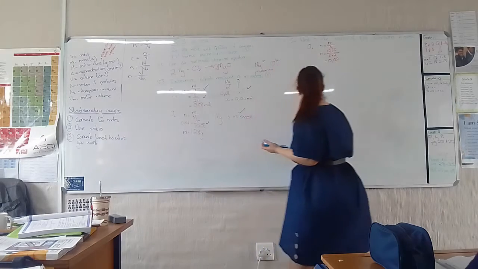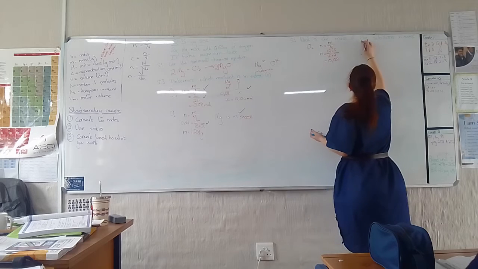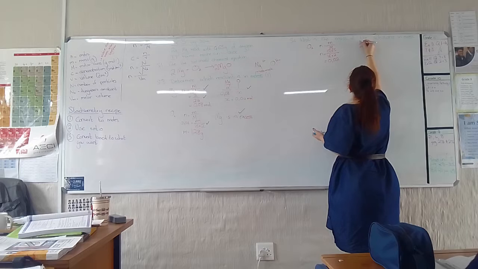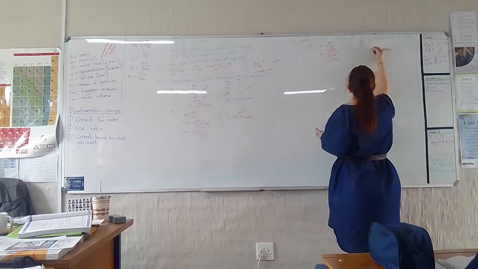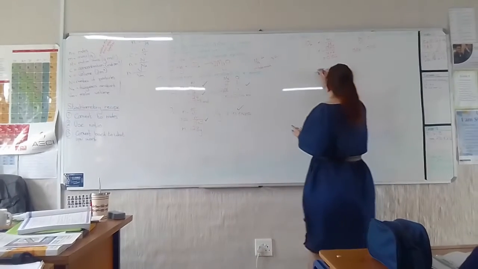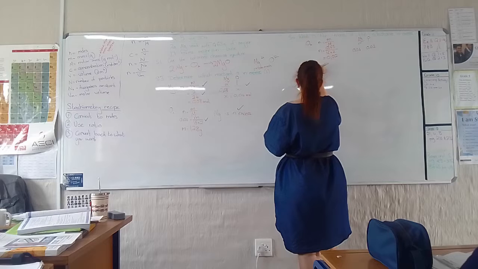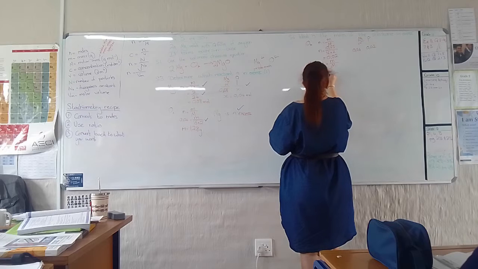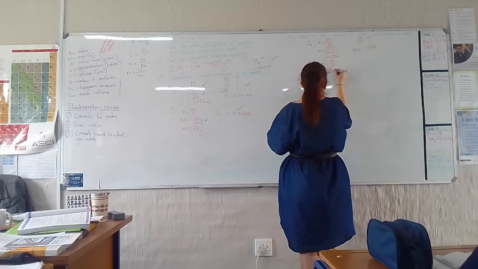Okay, so then I use my ratio. We have 2 to 1, magnesium to oxygen. So I have 0.02, which means this would be 0.04. Now I'll work it out again. My magnesium n is equal to m over capital M. So 0.04 is equal to my mass over my molar mass, which was 24.